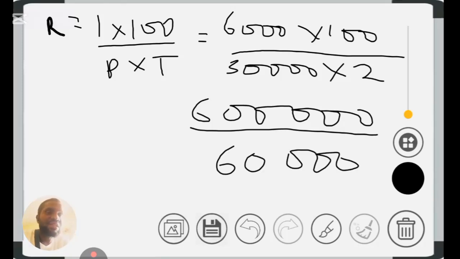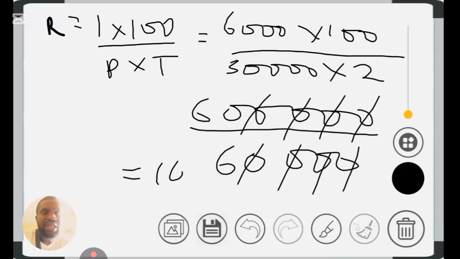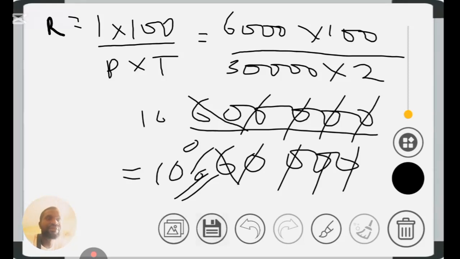So let's divide. 0 cancel 0, 0 cancel 0, 0 cancel 0, 0 cancel 0. 60 divided by 6 is equal to 10. So our rate is what? 10%. That is our rate. Our rate is 10%, because 6 going to 60 will give us 10.